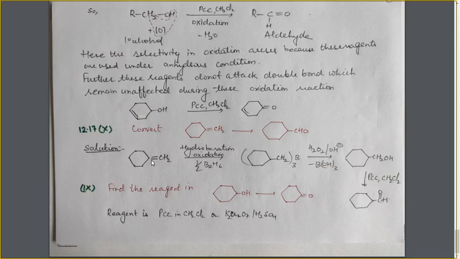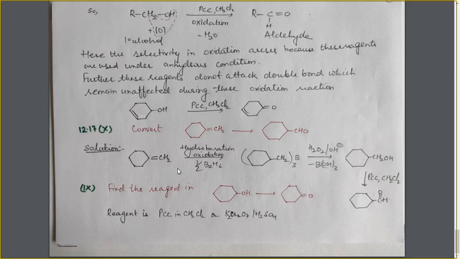If we see this conversion from this compound to this compound, what do we conclude? During this conversion there is addition of the OH group at this position and hydrogen at this position.